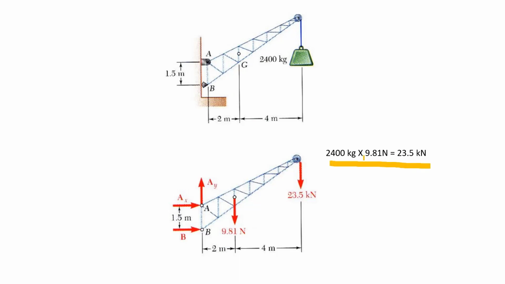You know, the gravity acceleration coefficient is 9.81, and if you multiply it with the weight, here comes the kilonewton result, and we write it to the free body diagram. Okay, we are not going to calculate this. This is only the FBD, free body diagram drawing.